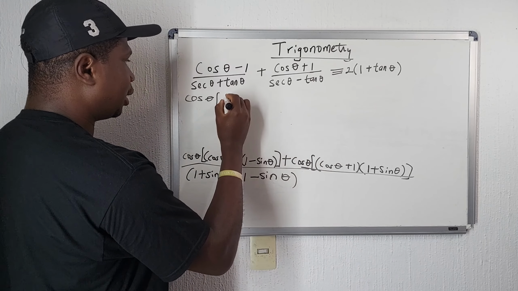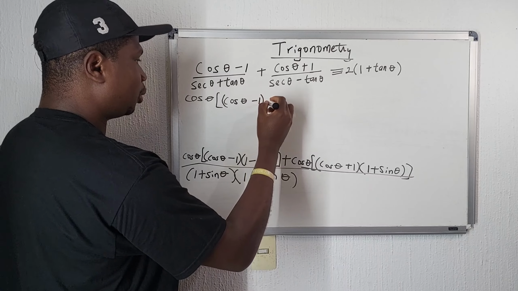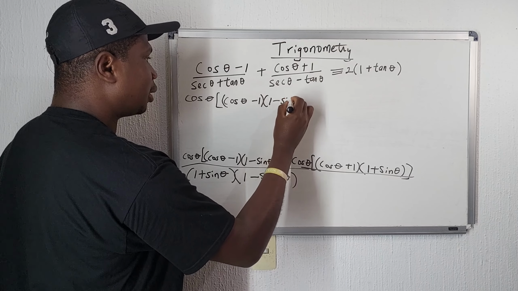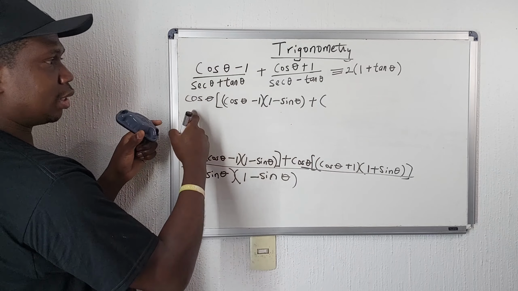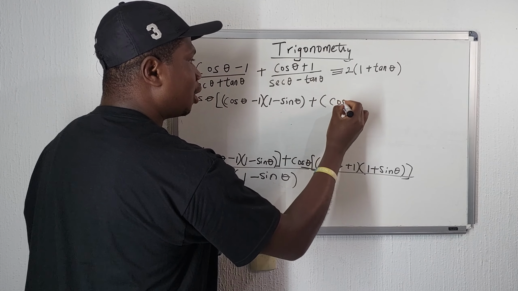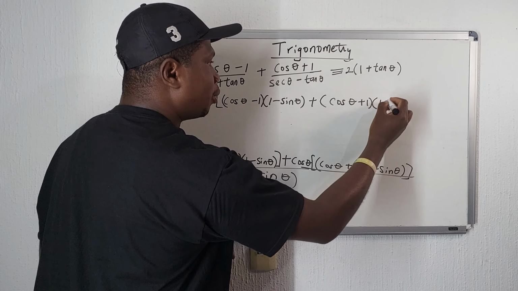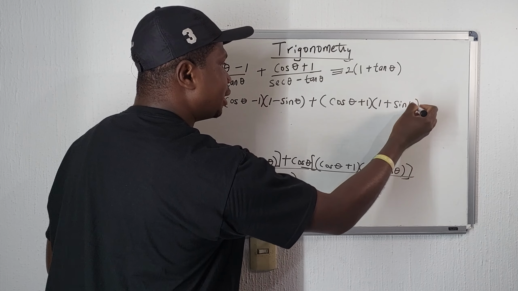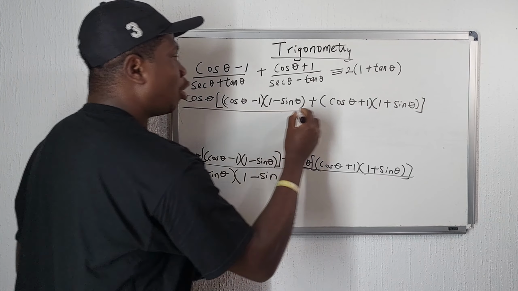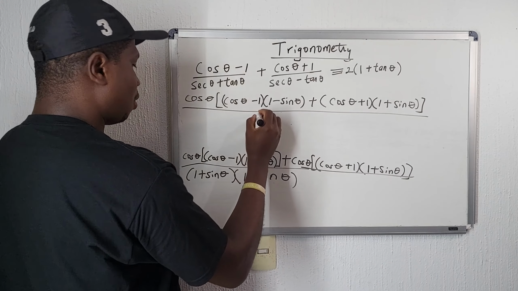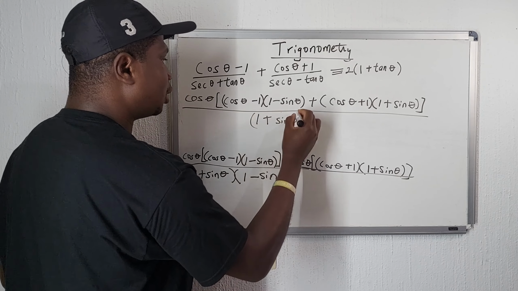So we can say this is cos theta times the bracket cos theta minus 1 into 1 minus sine theta, plus cos theta plus 1 into 1 plus sine theta. Then we can close the bracket. Then our common denominator is 1 plus sine theta into 1 minus sine theta.